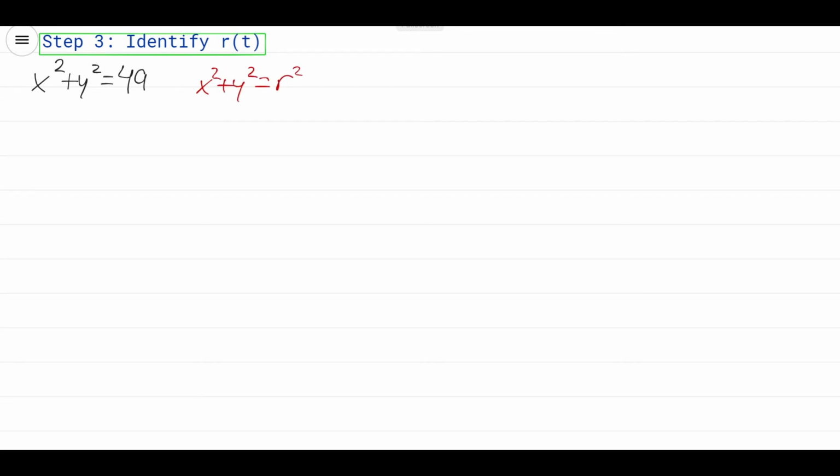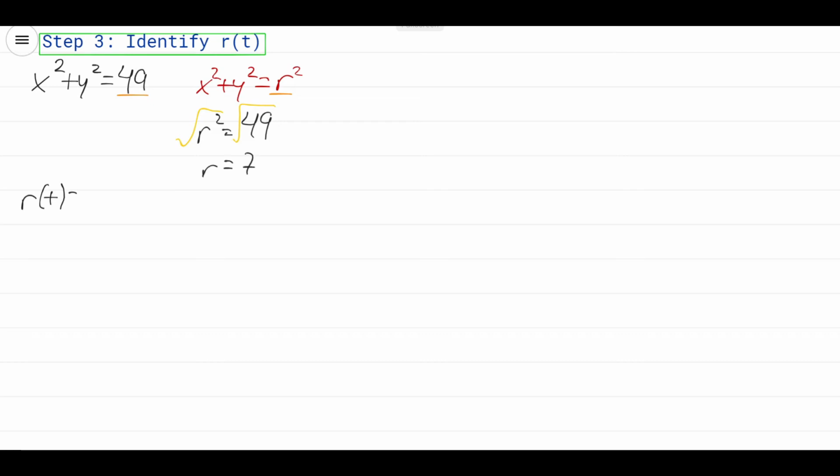So now that we have our limits, in step 3 we're going to identify r of t. We know x squared plus y squared is equal to 49, and we know that x squared plus y squared is equal to r squared. Thus, 49 is equal to r squared. When we take the square root of both sides, we get 7 is equal to r.